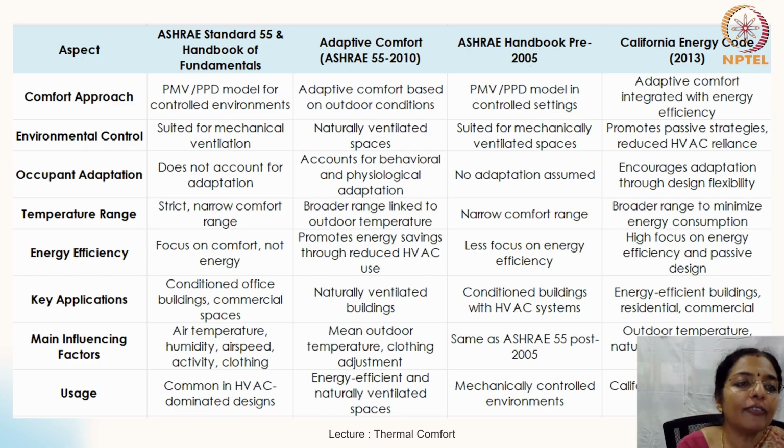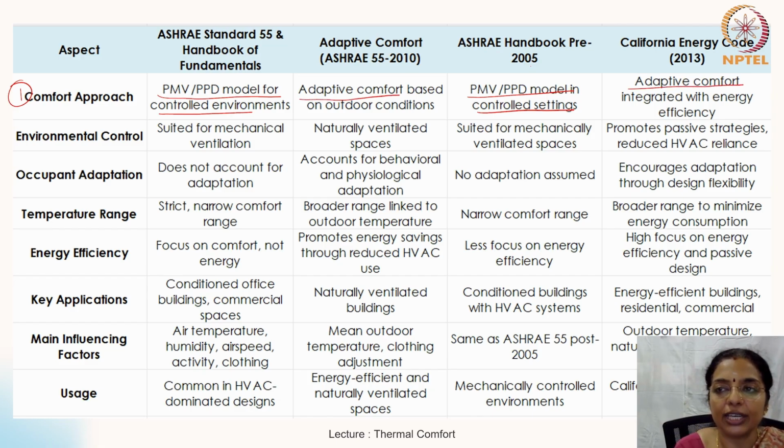If we look at the comfort approach, the ASHRAE Standard 55 follows the PMV PPD model for controlled environments, just like the ASHRAE Handbook 2005. Whereas the Adaptive Comfort ASHRAE 55 2010 follows the adaptive comfort model, just like the California Energy Code.